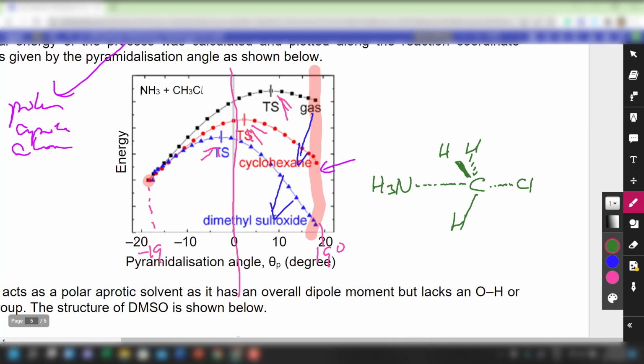Yeah, remember that we can take reference from the pyramidalization angle. So it's actually a negative value. So therefore the distortion is more to the left. Okay, this is a transition state. And because it is in DMSO, right?